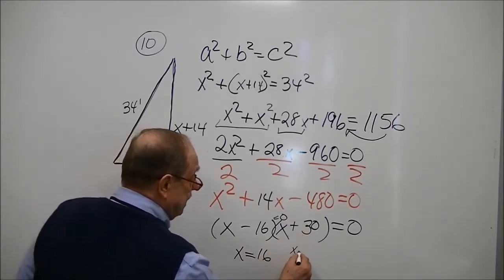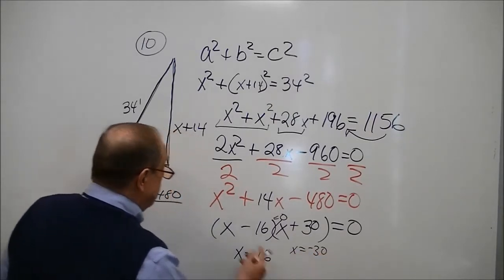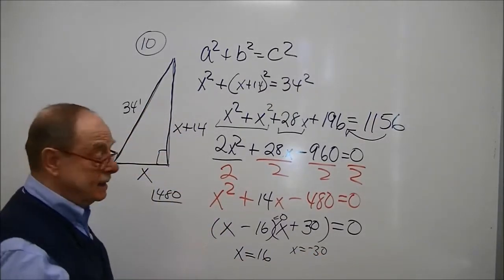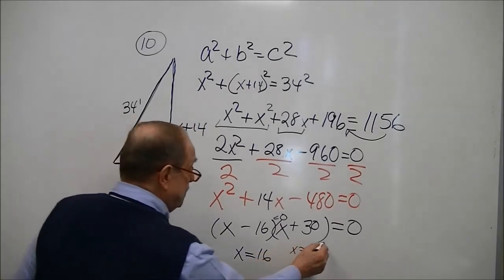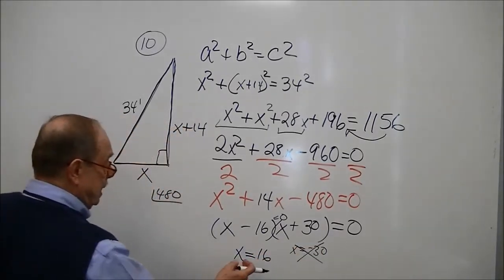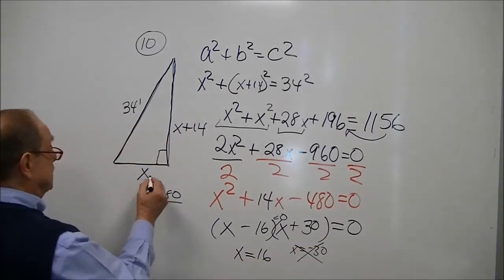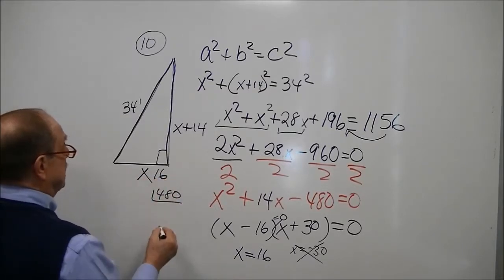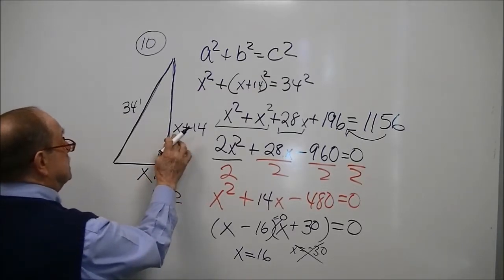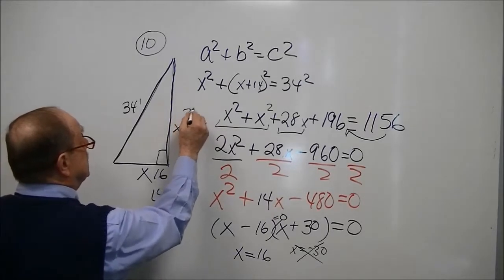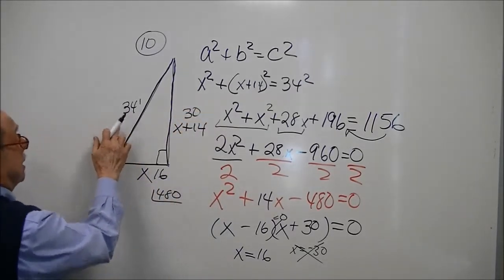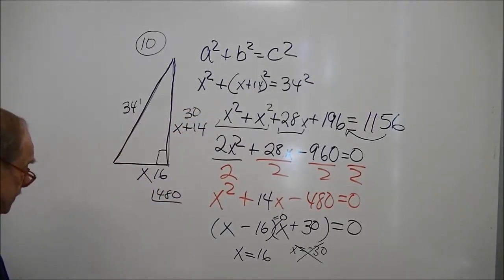Here, x would equal a negative 30, and you can't have anything that has a negative 30 value, so we reject that one. And x is 16. 16 plus 14 is 30, and our hypotenuse is 34.